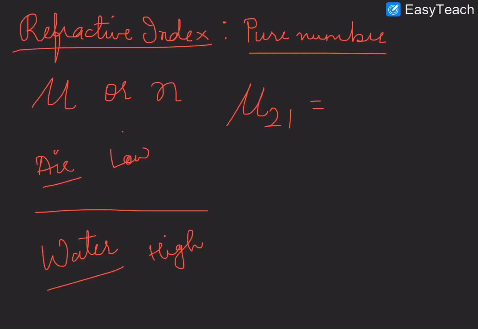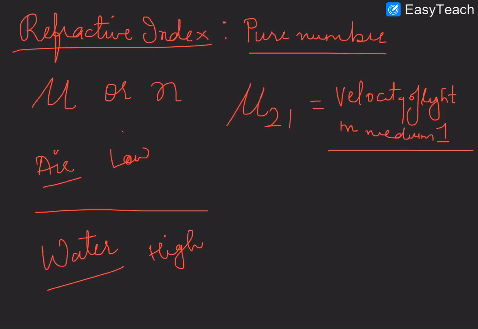When you write the value of refractive index, it is a ratio of the velocity of light in the first medium upon the velocity of light in the second medium.